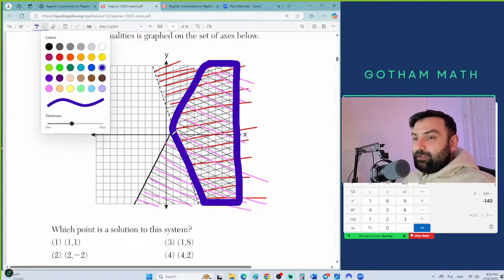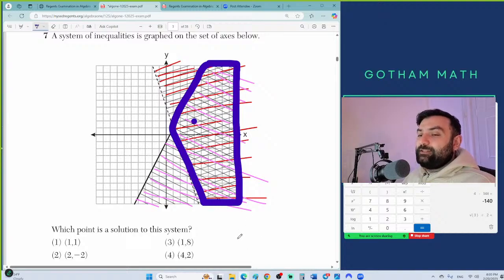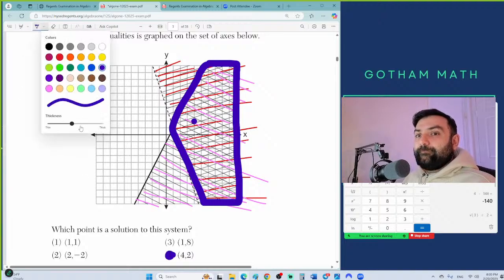Look at this: 1, 2, 3, 4, and 1, 2. Boom. It's definitely inside of this region. And that's the answer. All right, moving on.